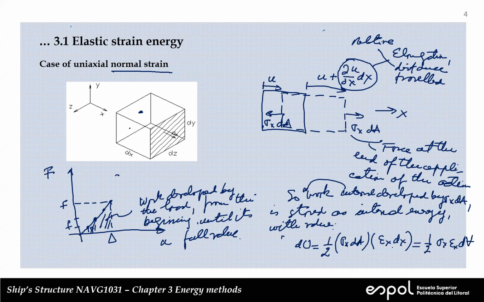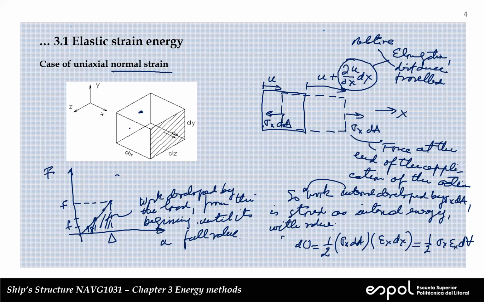That comes next. Now here, in this little graph, we can see that below this, we have what we call the strain energy. And above, if instead of F and U, you consider sigma and epsilon, you have what we call complementary energy.